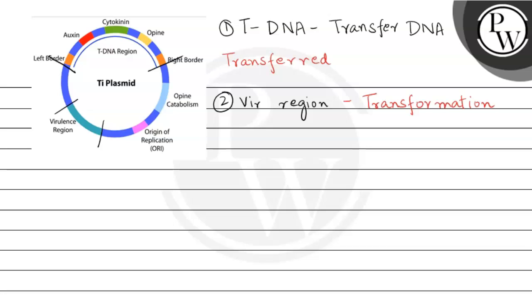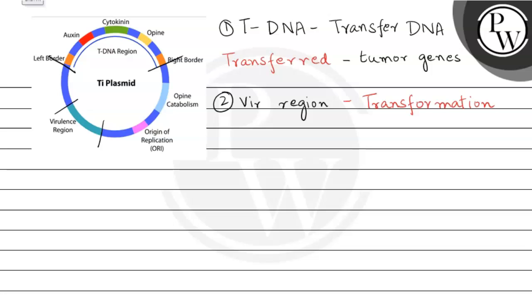So the tDNA of the Ti plasmid is responsible for causing the tumor. So the tumor genes are present in the transferred DNA region of the Ti plasmid.